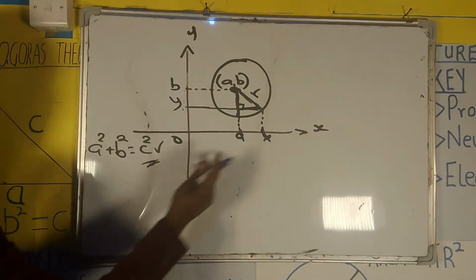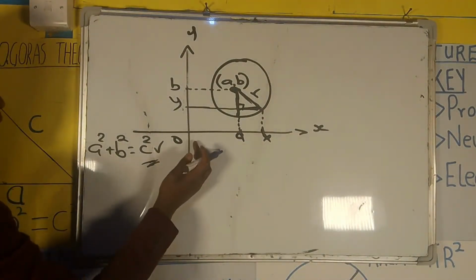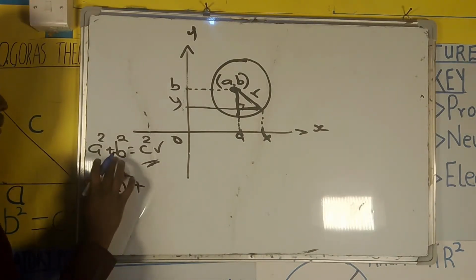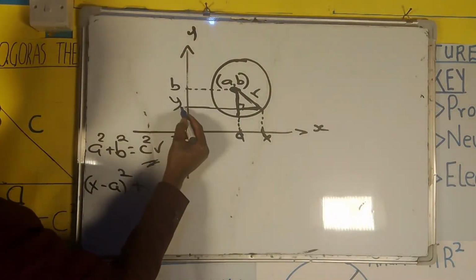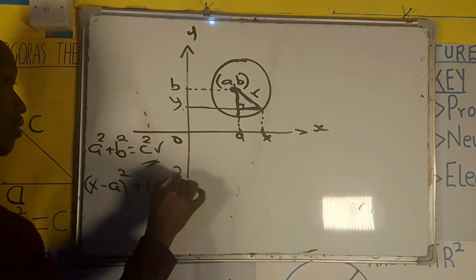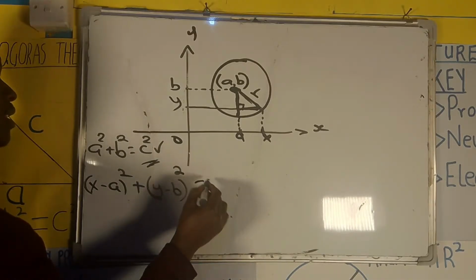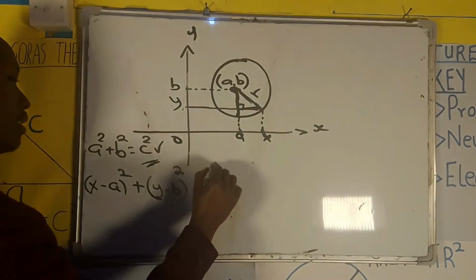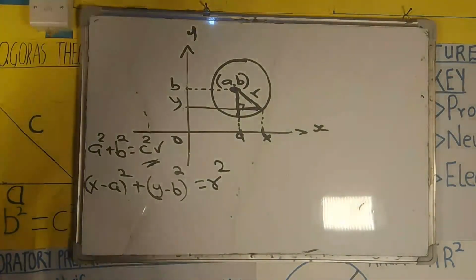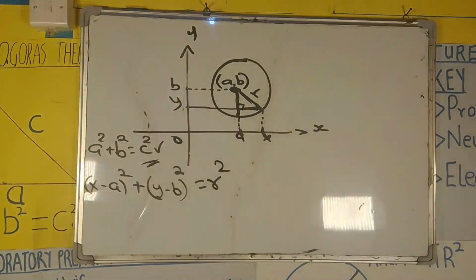So it will be x is the whole of it, then minus a squared. Then our b squared will be y minus b squared is equal to radius squared. That is where our formula is coming from.